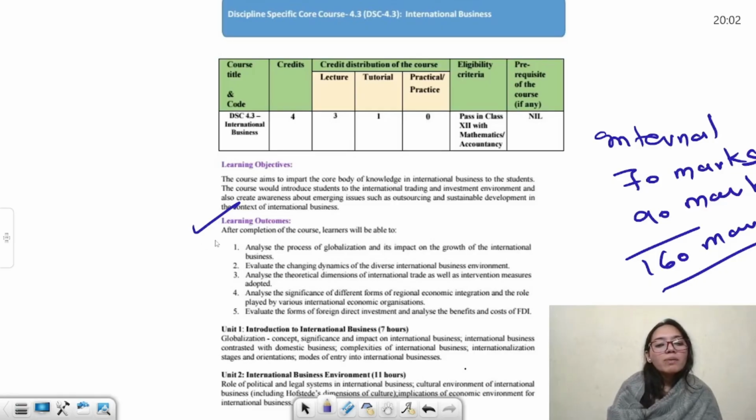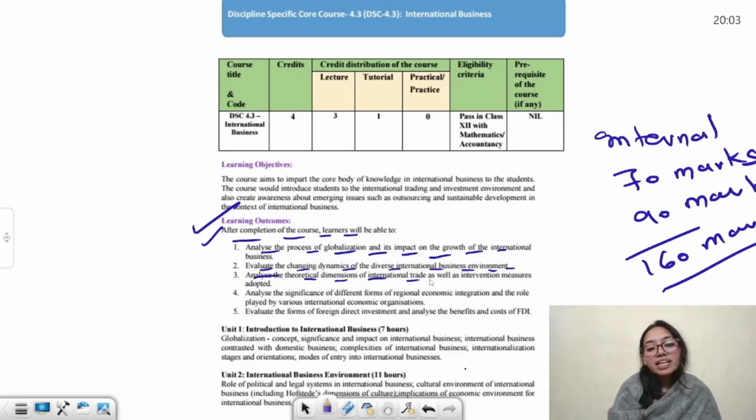After completion of this course, you will be able to analyze the process of globalization and its impact on the growth of international business. You will also evaluate the changing dynamics of the diverse international business environment. You will analyze the theoretical dimensions of international trade as well as intervention measures adopted.